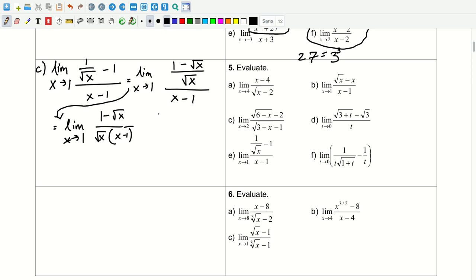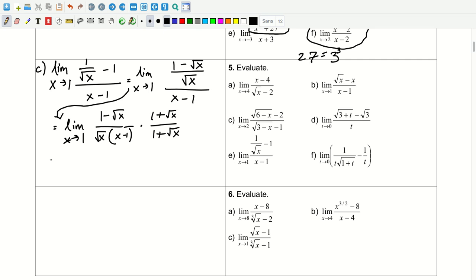Now, the part that has the square root technically is root x and 1 minus root x, but this is the only part of the problem that requires conjugation, because usually you need two terms, right? So we're going to do 1 plus root x over 1 plus root x.